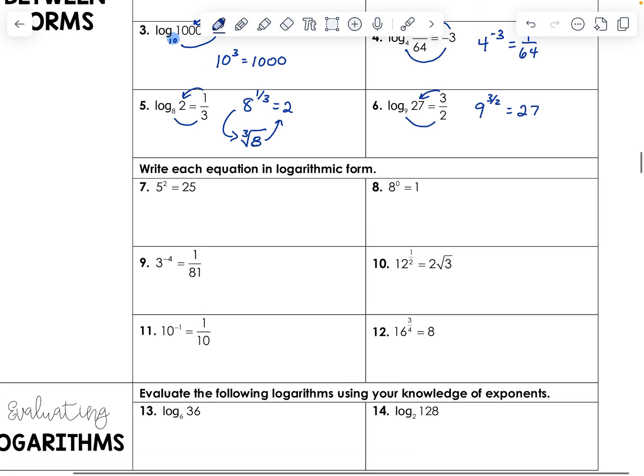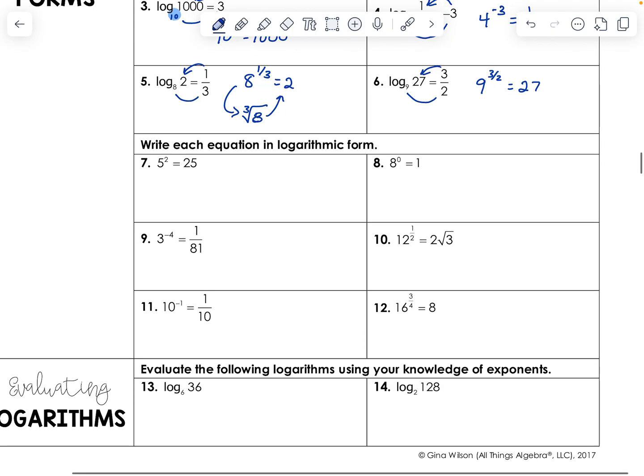To take it from exponential form to logarithmic form, it's a very similar process. We use the swirl method. So it's going to be log base 5 of 25 equals 2. If you swirl it again, you should end up with what you had over here.